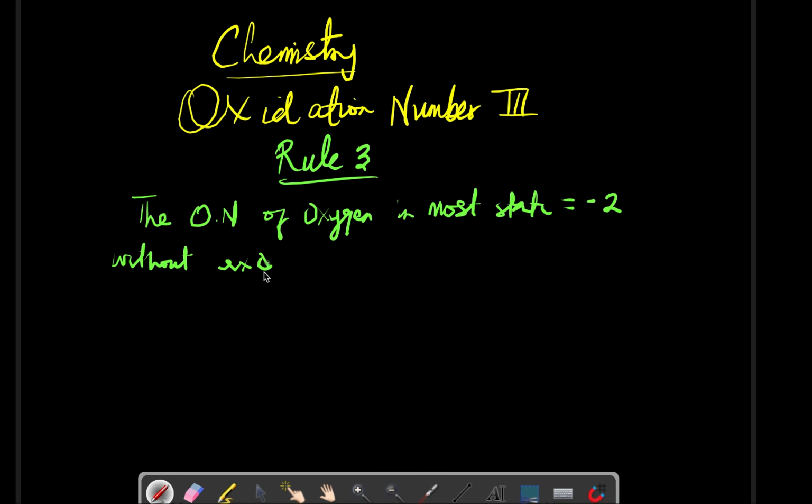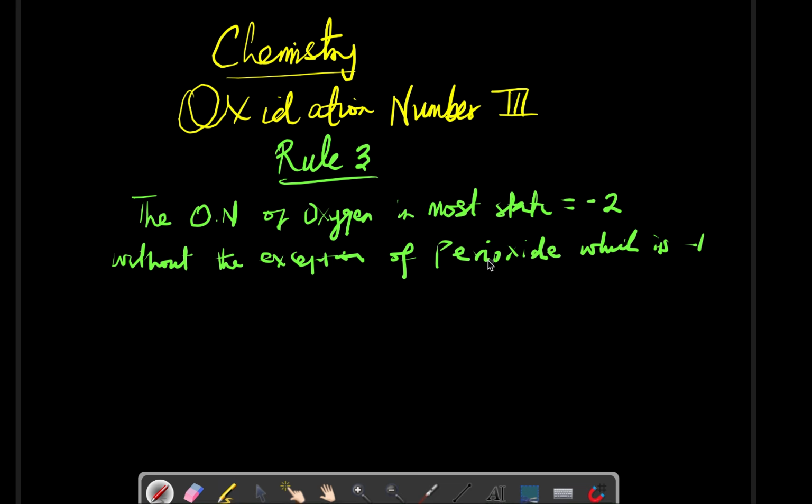Without the exception of peroxide. So if it is not peroxide, just know that peroxide is different, because the oxidation number of oxygen in peroxide is not -2, it is -1.